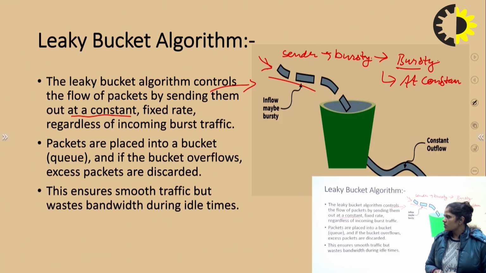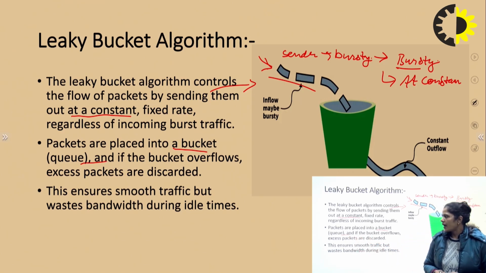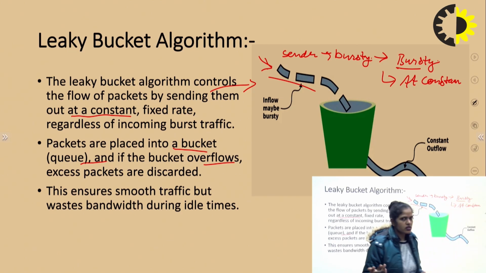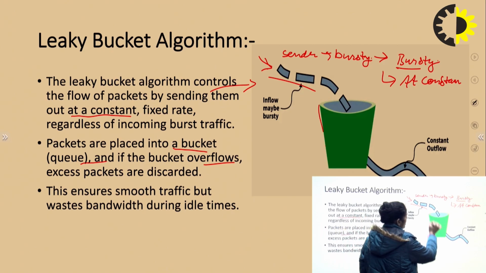Packets are placed into a bucket, or you can say into a queue, and if the bucket overflows, that means some packets may be discarded, because you also consider it as a real situation. Let's say this is the bucket and it has a specific size, and in technical terms this bucket is implemented as a queue.